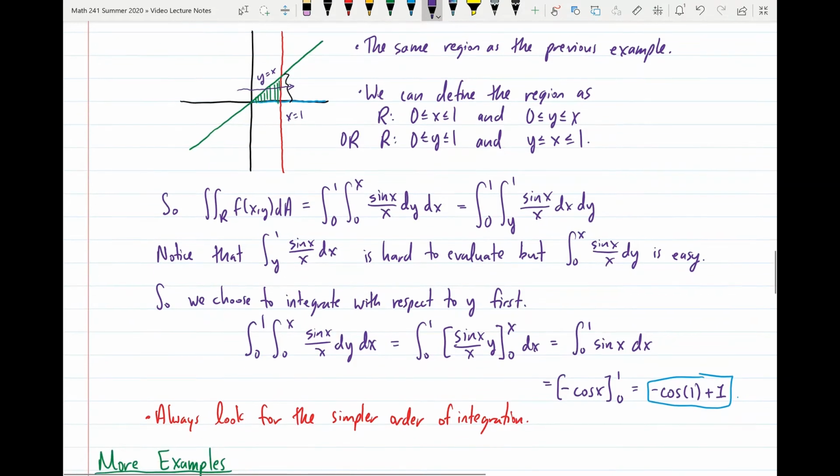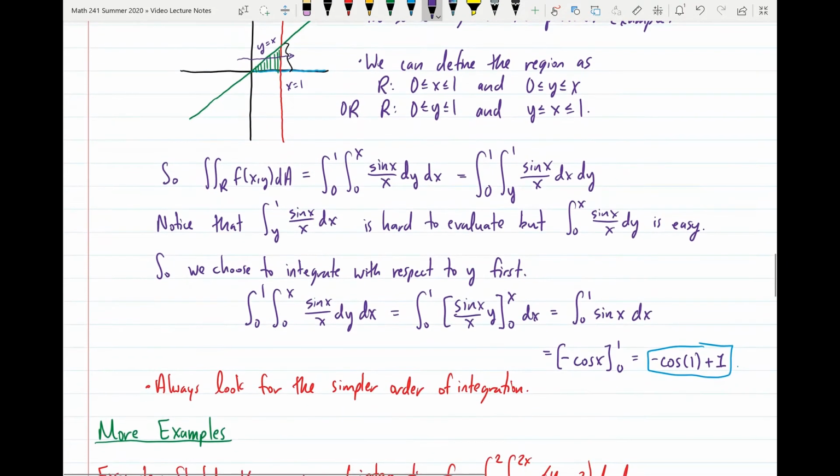So we could also say that the region is the region such that y is between 0 and 1, and x is between y and 1. And then we can integrate in either way. So we can integrate with respect to x first, or we could integrate with respect to y first, depending on how we're going to describe the region.